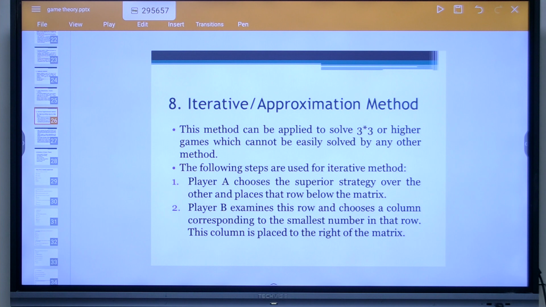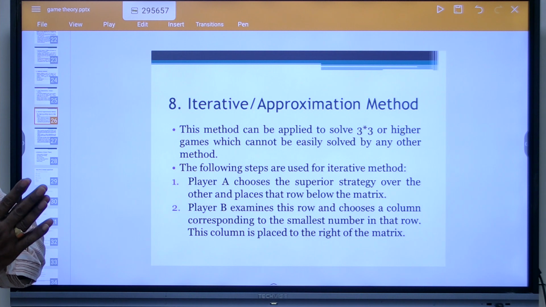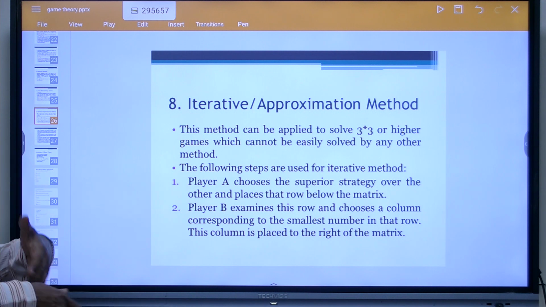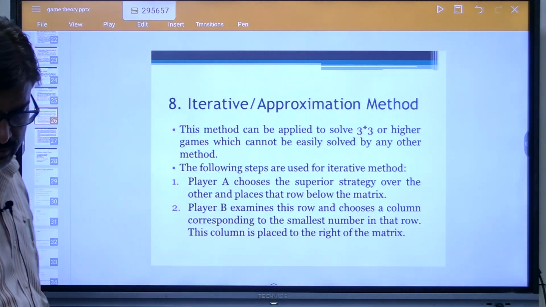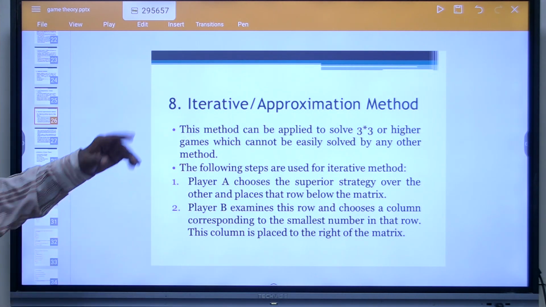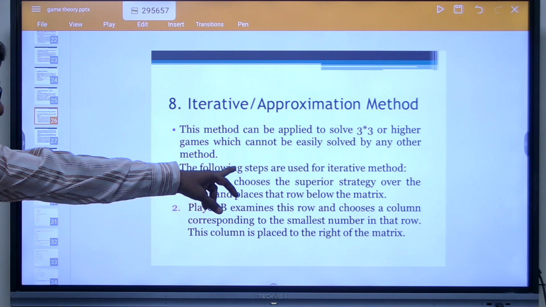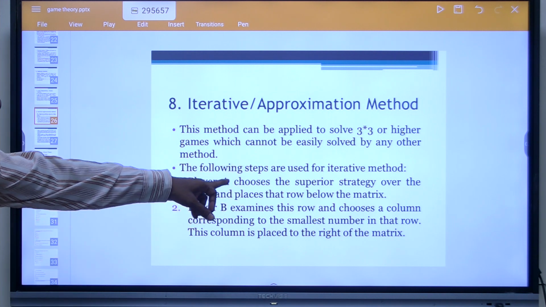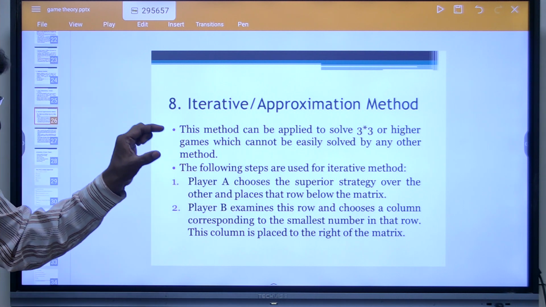We have the iterative approximation method. When we are not moving towards the simplex method, and we are just trying to solve a problem of the order 3 cross 2 or higher orders, then we go with the iterative or approximation method. In this, player A chooses the superior strategy over the other and places that row below the matrix. We will just shift by looking at the table.